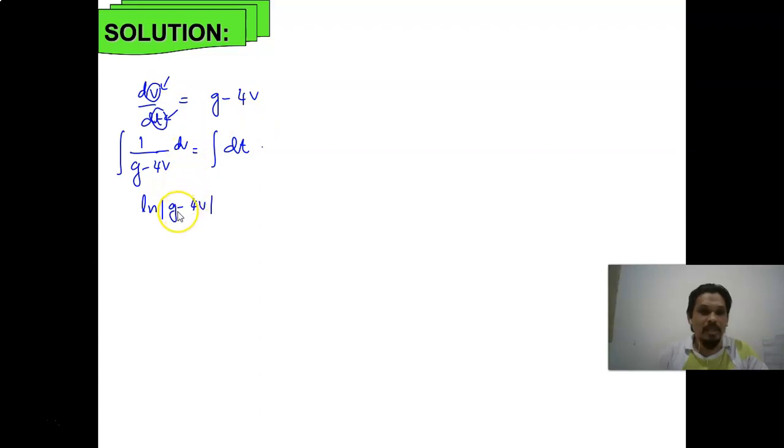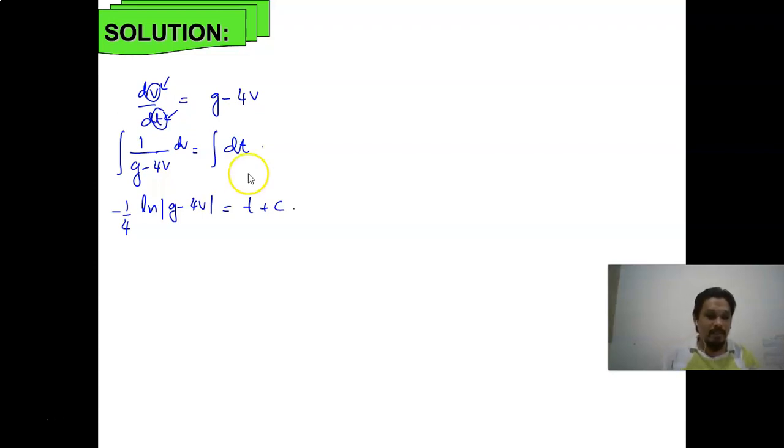So then it has nothing to do with g. G is a constant that is out from our discussion of v and t here. So the derivative of g minus 4v with respect to v equal to negative 4. So we come out with negative 1 over 4 here equal to the integral of this, equal to t plus c.